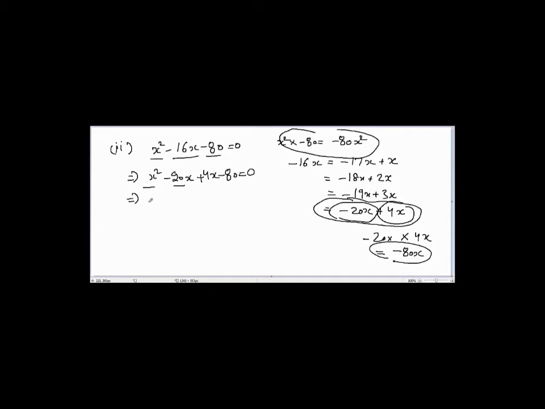Now I can take x common from these two terms, and I can take 4 common from these two terms. So now I can take x minus 20 common from these two terms. It comes x plus 4 is equal to 0, and the solution is 20 comma minus 4 for this given quadratic equation.